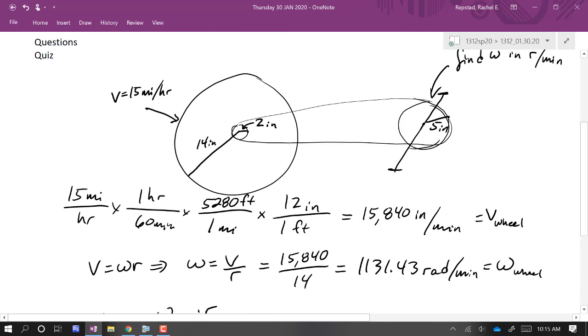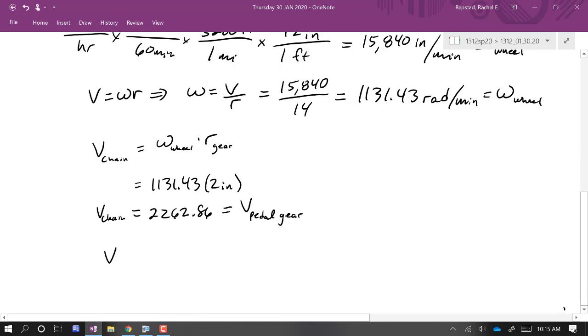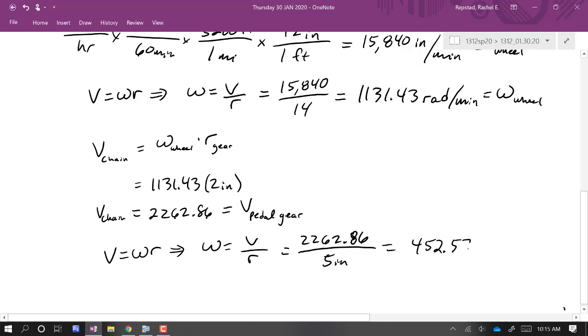And so then we can find the angular velocity. So that's 2262.86 divided by 5 inches, 452.57, and this is in radians per minute.